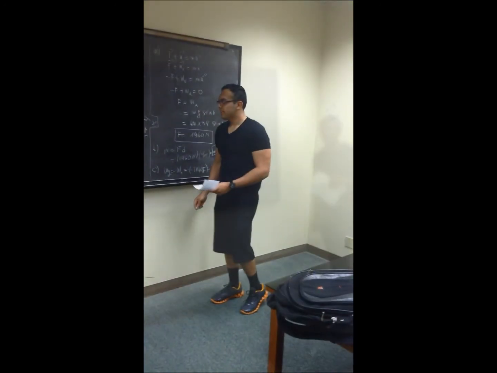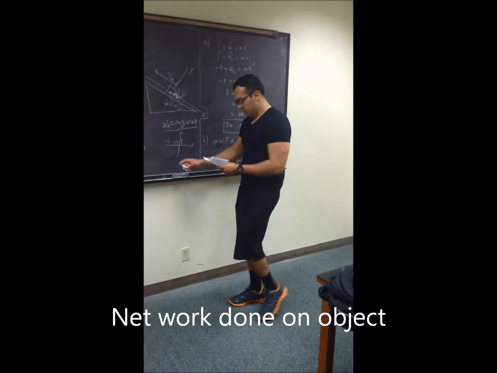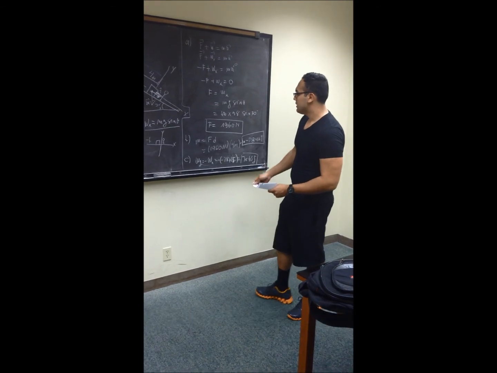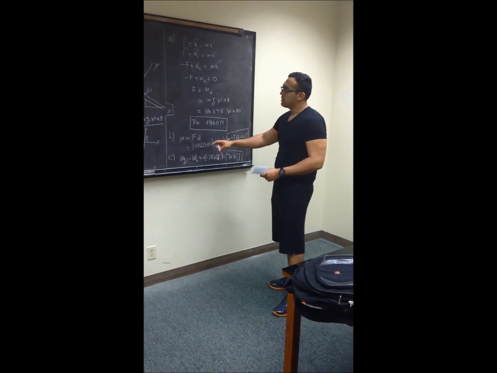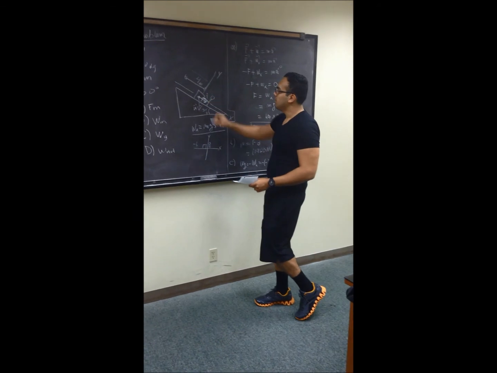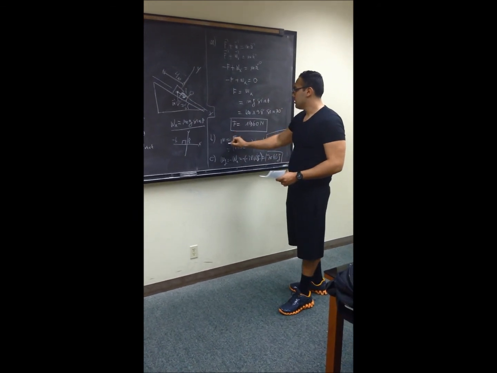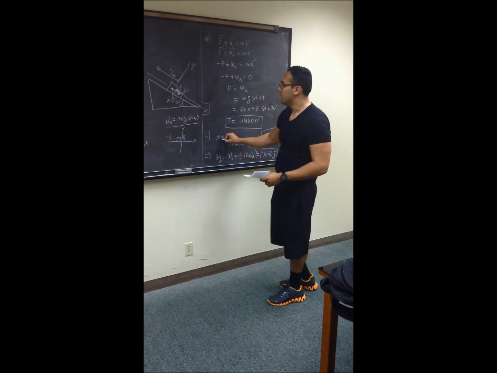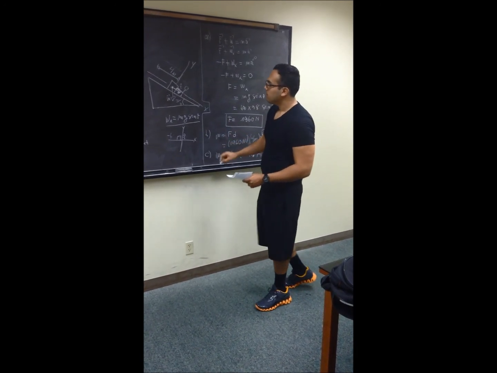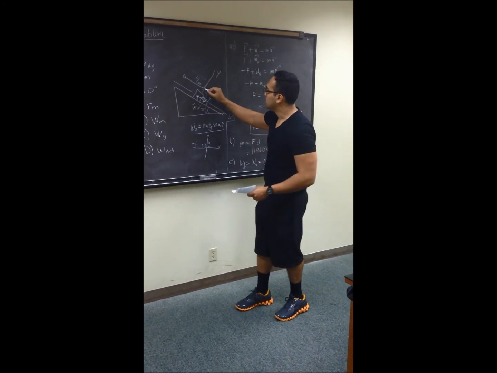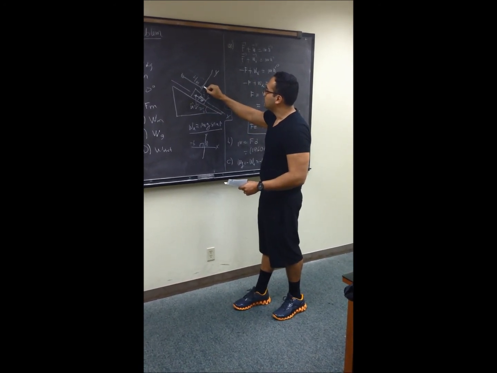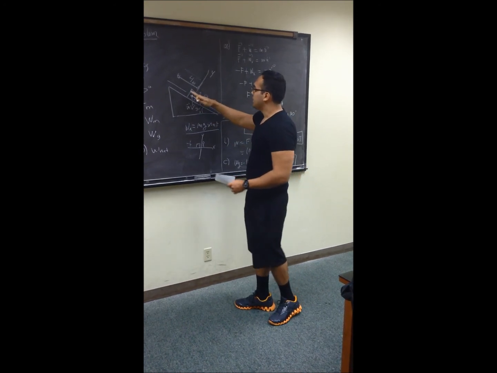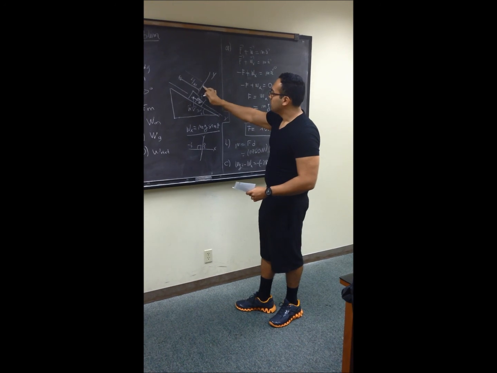Okay, so finally we have to figure out the net work done on the piano, which is basically defined by the sum of the work that is being applied to it. And so far we can see that the work that came into play in this problem was the work of the man and the work of gravity. We can also see that there was a normal force acting, but since it's perpendicular, looking at it from the x and y, it doesn't come into play in the problem.